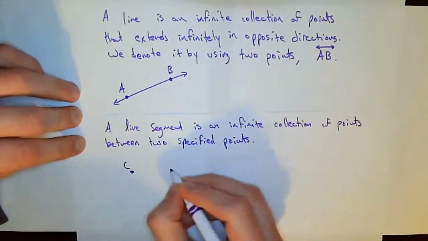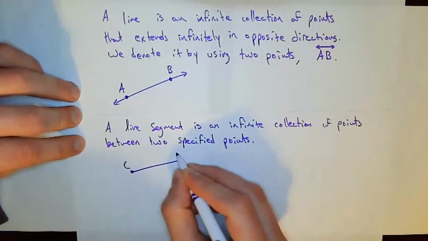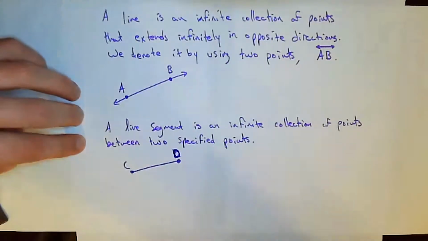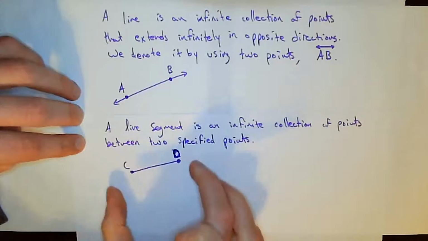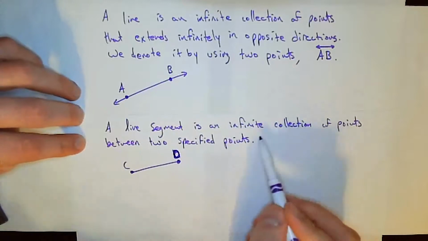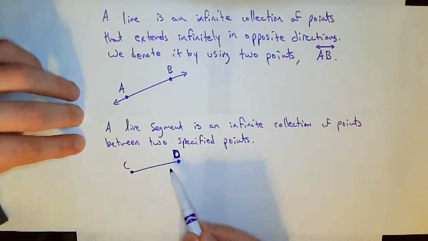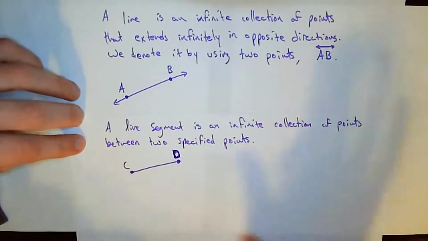We might have some points C and then D, and the line segment is just this little piece of the line. I say it's still technically an infinite collection because there are technically infinitely many points here, but that's just a little subtlety.